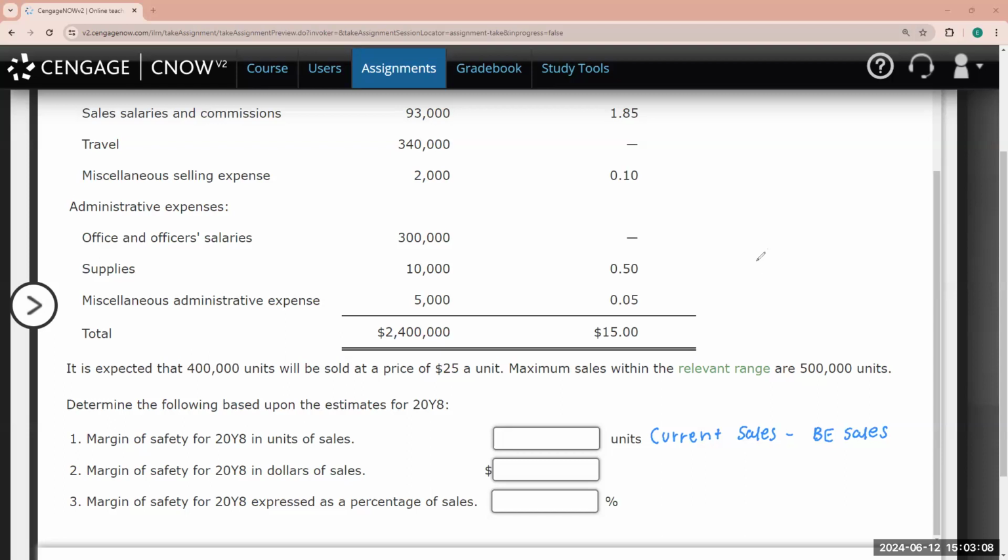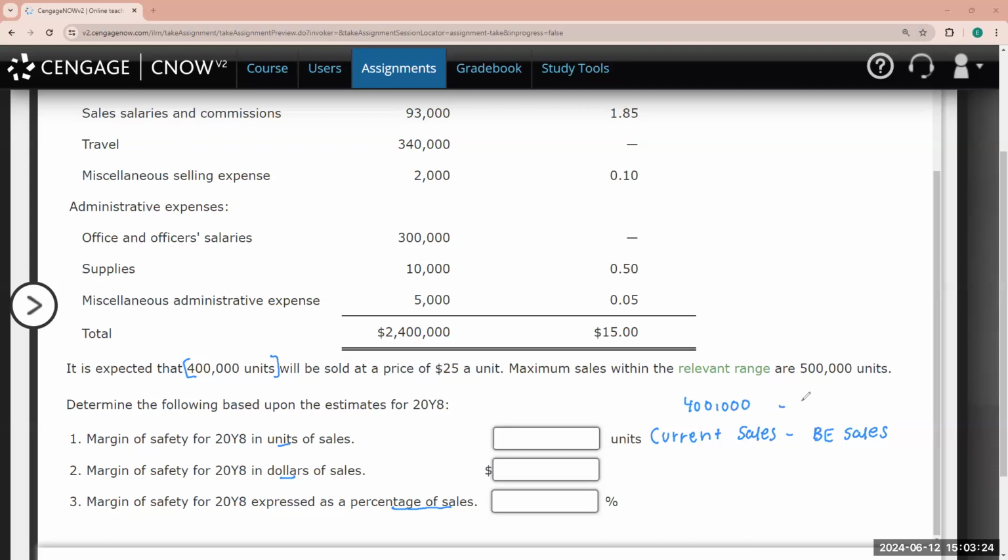Here we know that we expect to sell 400,000 units. The first question is asking us for units, the second dollars, and the last a percentage of sales. So for question one, our current sales would be 400,000 units.